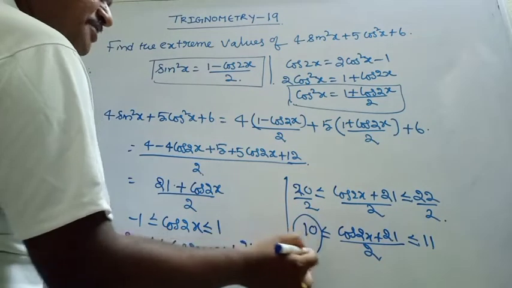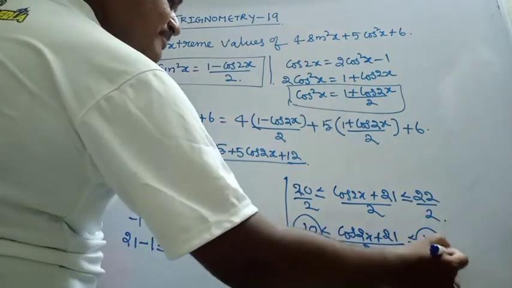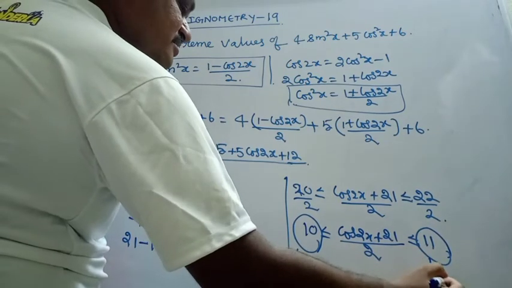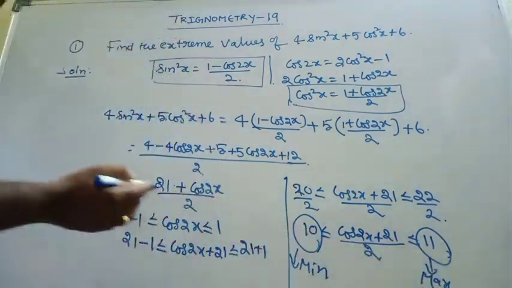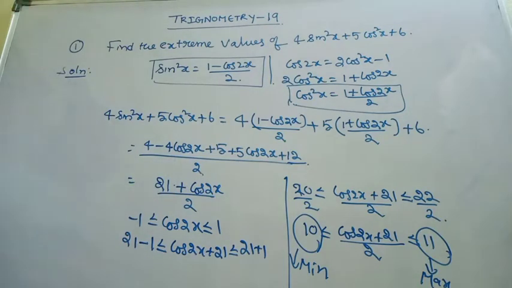Therefore, the minimum value is 10 and the maximum value is 11. The extreme values we have got are 10 and 11. Beautifully we will do this problem. Please observe.